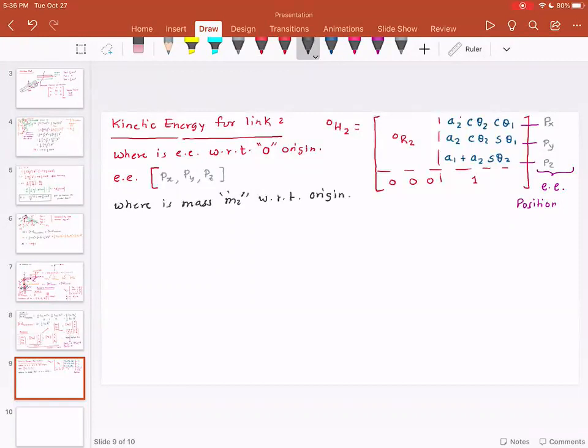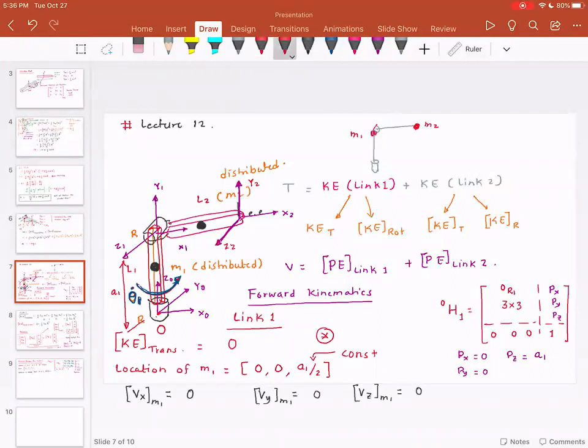Clearly, mass m2 is not located where the end effector is. Mass m2 is over here. Just for the sake of discussion, this distance is a2.